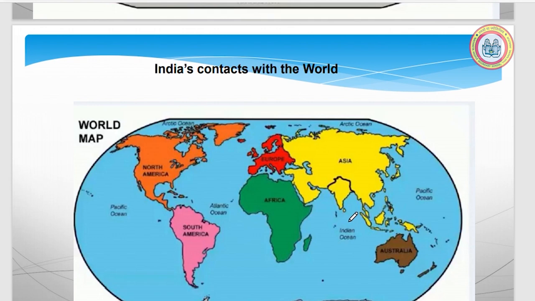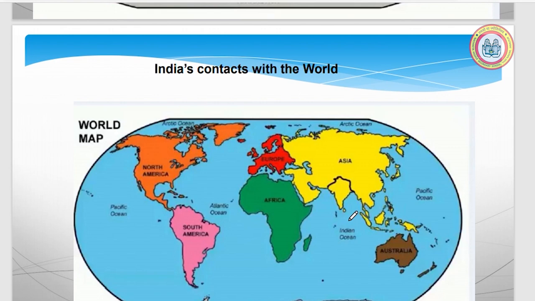The ideas of the Upanishads, Ramayana, Panchatantra stories, the Indian numerals, the decimal system, etc. could reach many parts of the world through these passes. The spices, muslin, and other trading goods were taken from India to different countries.